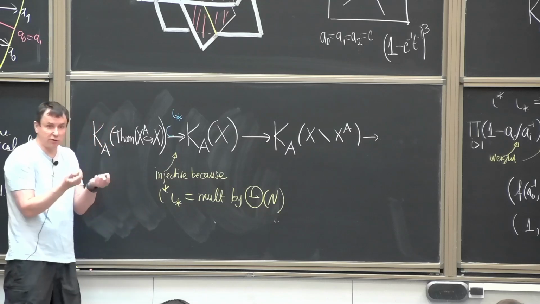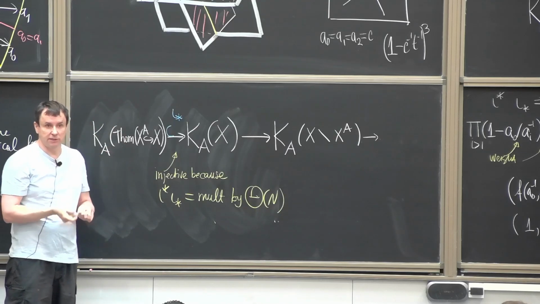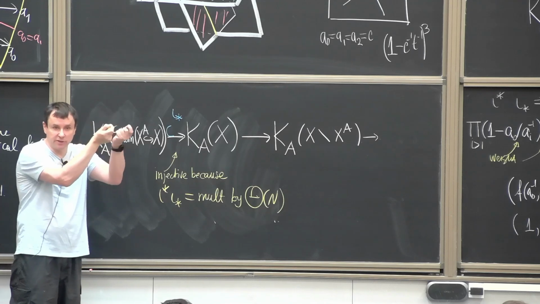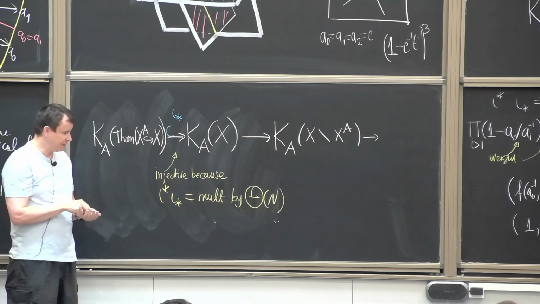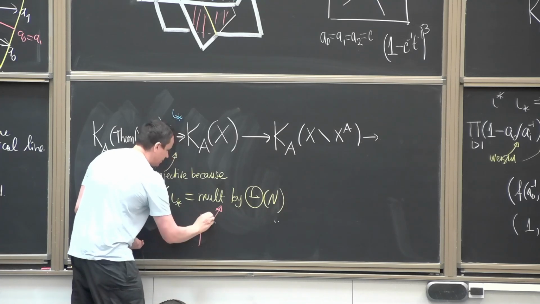But the theta of the normal bundle, by definition, has some torus weights in it. So this expression is some non-trivial polynomial that is not zero, so it does not divide zero.